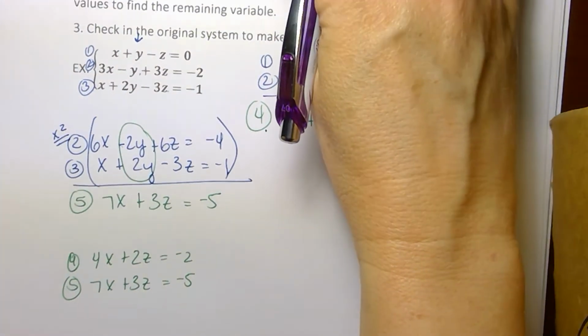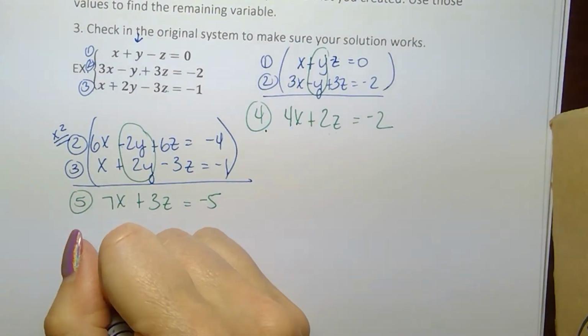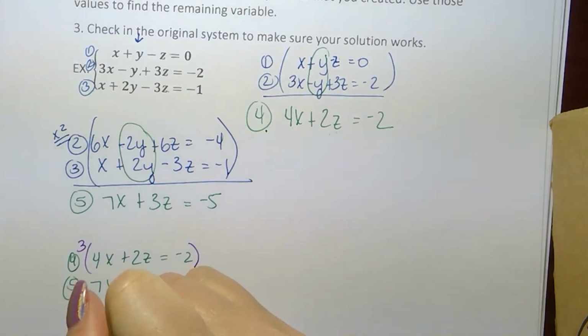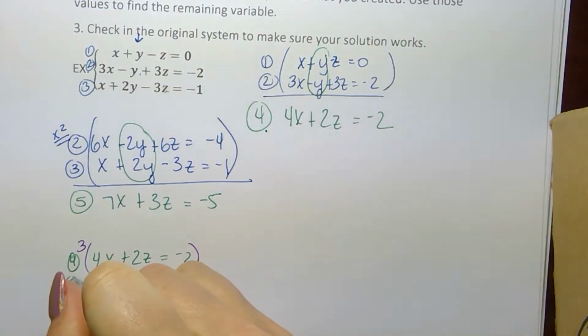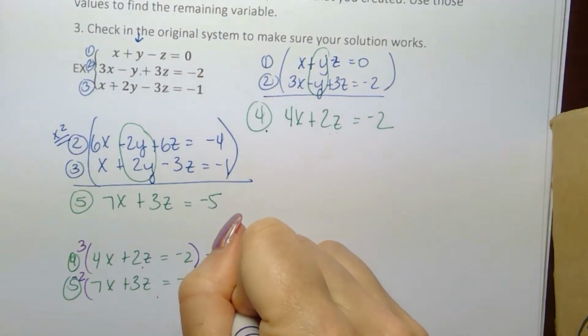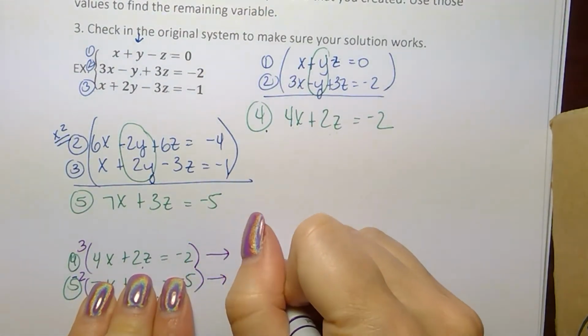So to get my z's to add to 0, I will multiply this first equation by 3 and my second equation times negative 2, because that'll give me a positive 6z and a negative 6z, which will add to 0. Let's rewrite our equations.